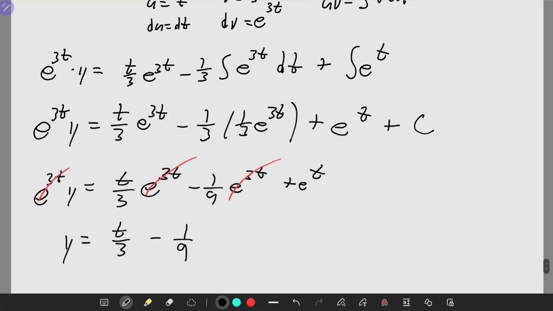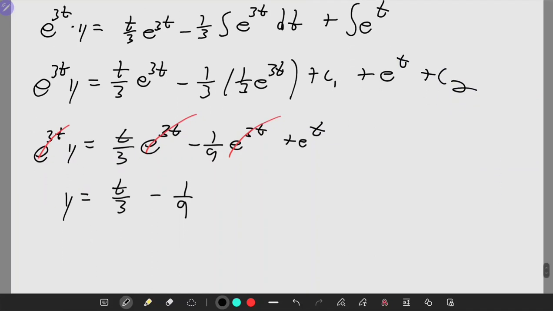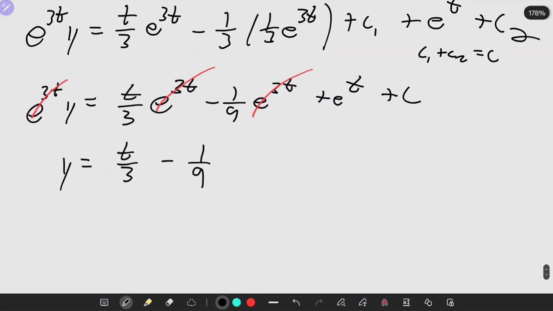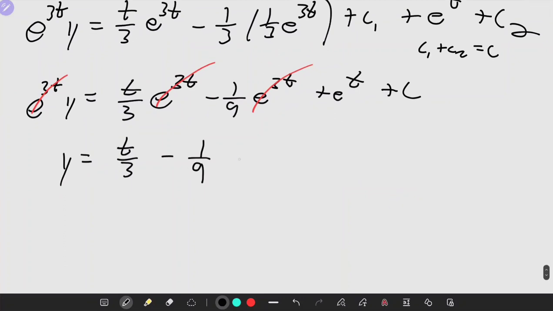After these integrals, well, technically, if we integrate this one, we have plus c1. Then if we integrate this one, we have plus c2. So that'll make a new constant. We'll call it c. So c1 plus c2 is equal to c. Sorry about that. Minus 1/9 plus e to the t over e to the 3t plus c over e to the 3t.